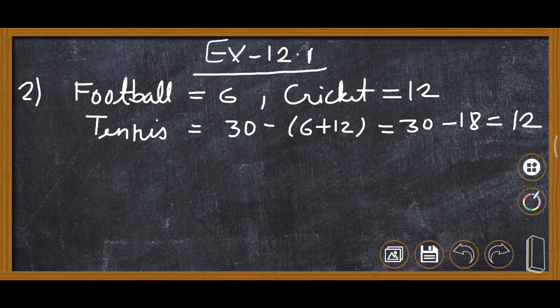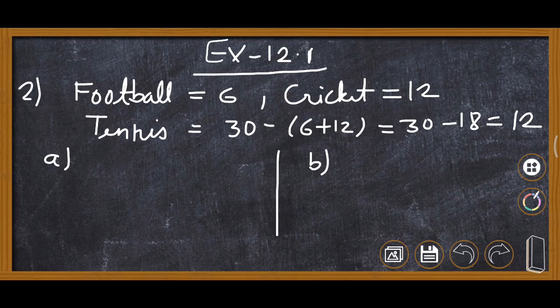Means football is liked by 6 students, cricket liked by 12 students and the remaining like tennis, so tennis is liked by 12 students.